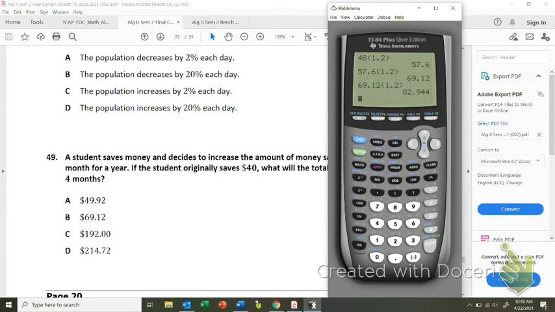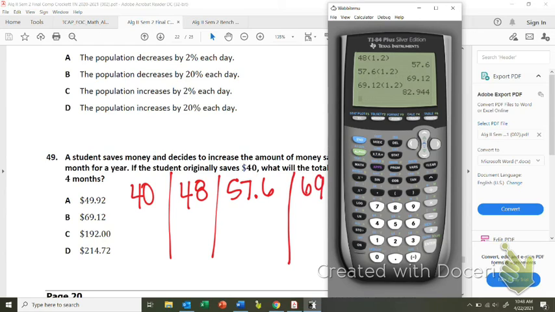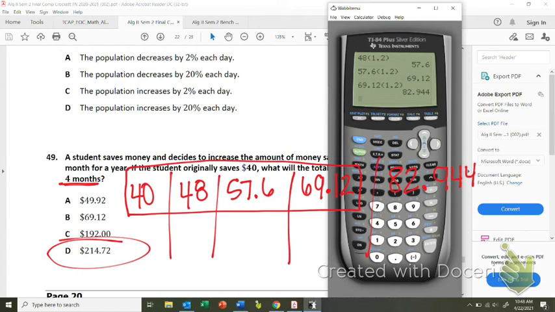All right, so we started with $40. Then we got 48. Then we got 57.6. And then we got 69.12. So really, 82.94 would be the fifth month. But we want to know just the 4 months. When we add these 4 terms together, we get $214.72.